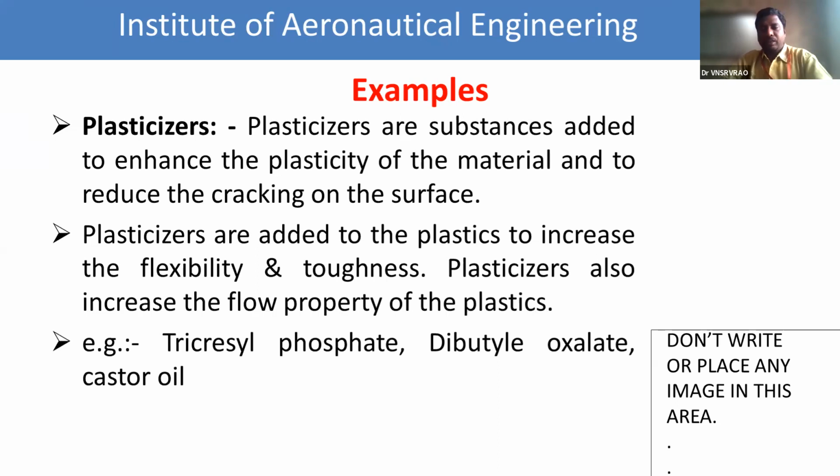These are the suitable plasticizer substances to add to plastics in order to improve the plasticity. So what is the definition of plasticity? Plasticity is the ability to mold a material into the desired or required shape. That is the definition of plasticity.